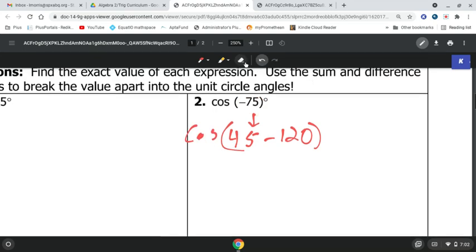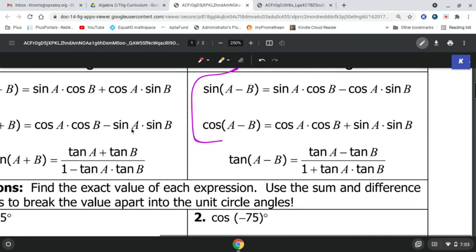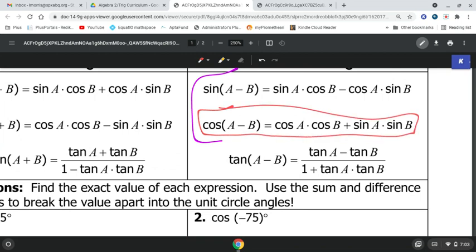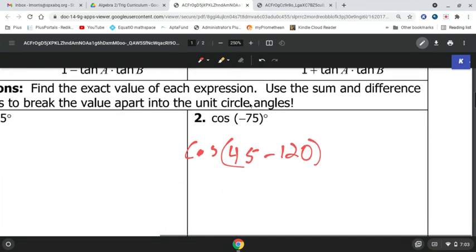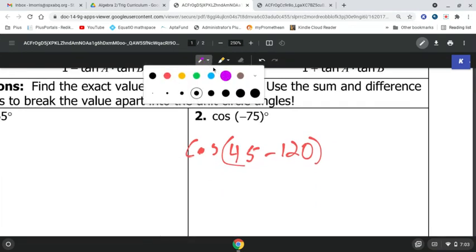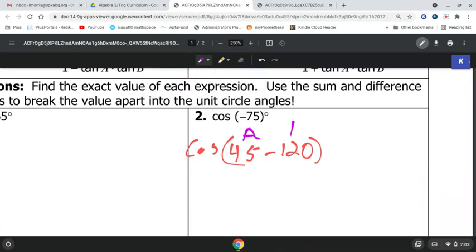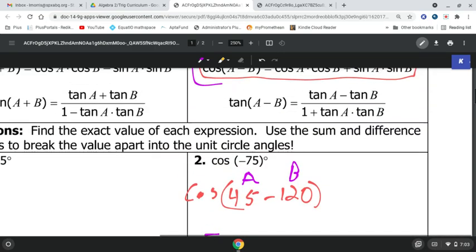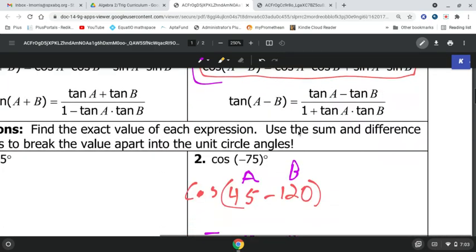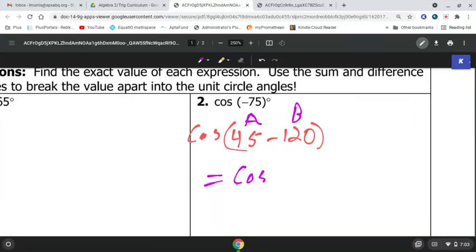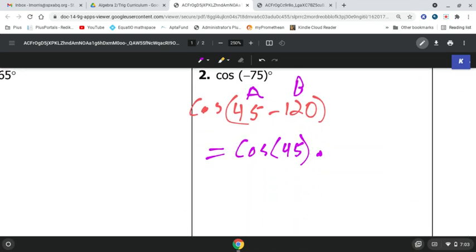So now we've set up a difference of angles, and now we're going to be focusing on the cosine difference of angles identity. Because now we have cosine of A minus B, and in this case, A would be 45. So this would be A, and this would be B. Now, all we have to do is write out the identity for it, which is cosine of A. So we're going to have cosine 45 degrees times cosine B, which is 120.